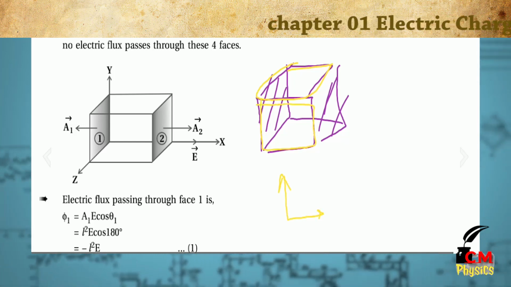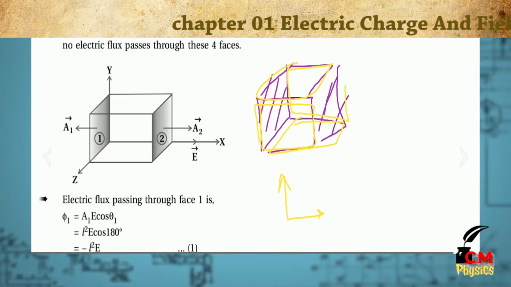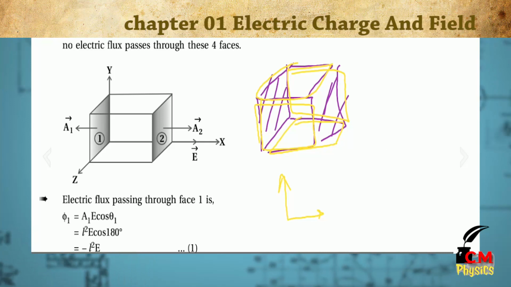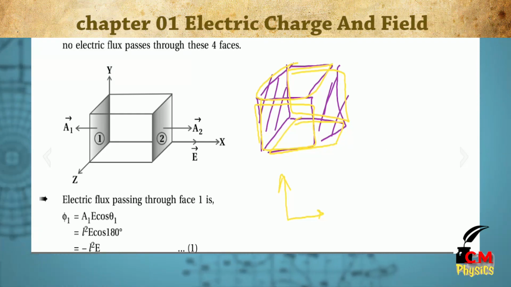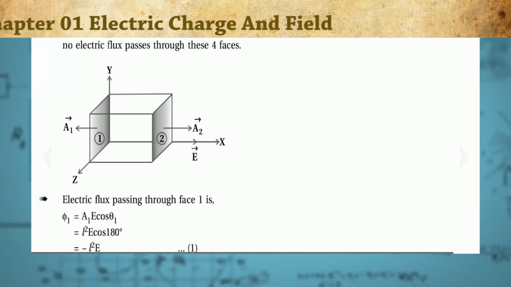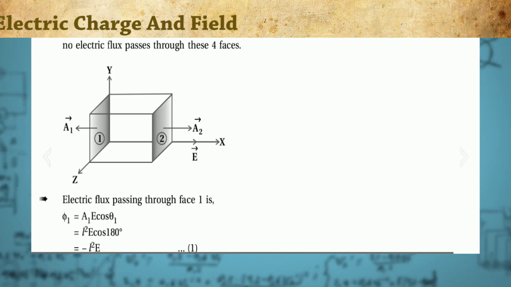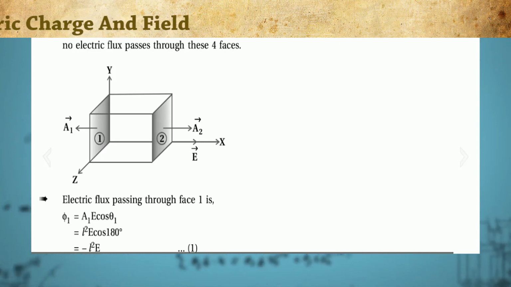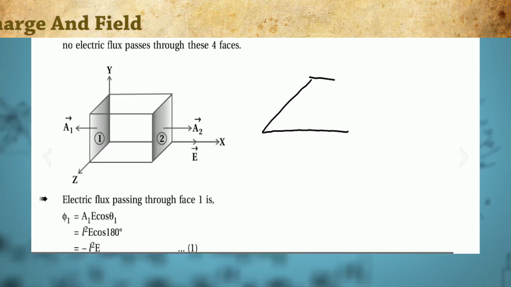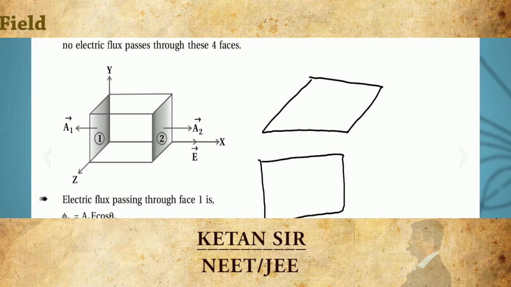Same for the front side, same for the base, and same for the back side. Out of 6 faces, we draw another diagram. The topmost, front, base and back side faces have 0 flux.